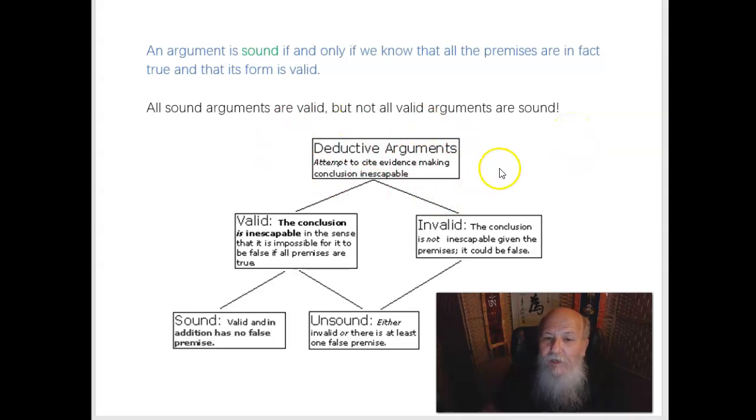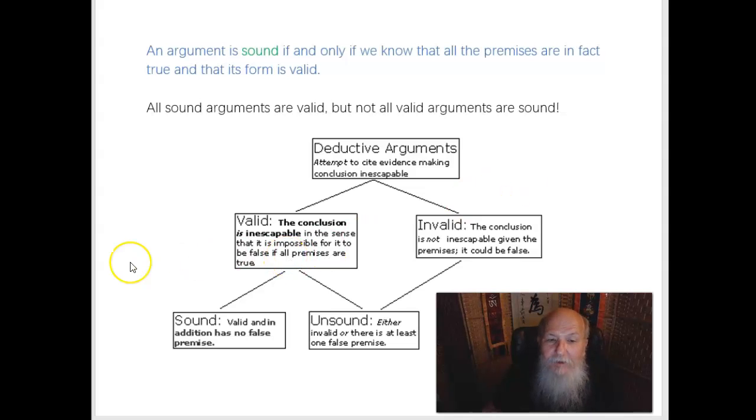So remember, we learned early on to think about deductive arguments, where we attempt to cite evidence making the conclusion inescapable. And these can be invalid, where the conclusion is not inescapable given the premises. It could be false, as in the fallacy of affirming the consequent.